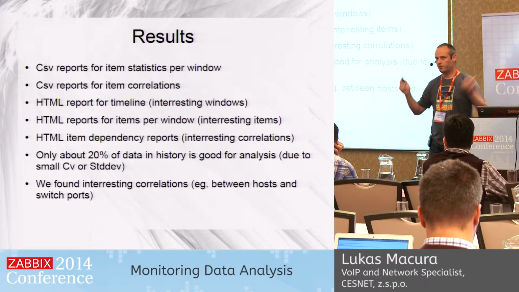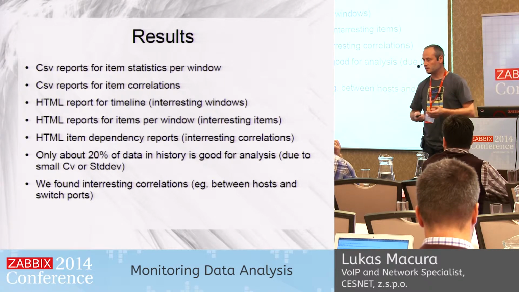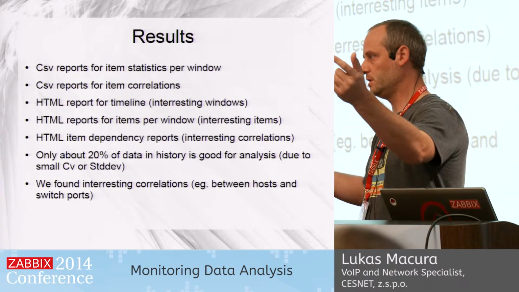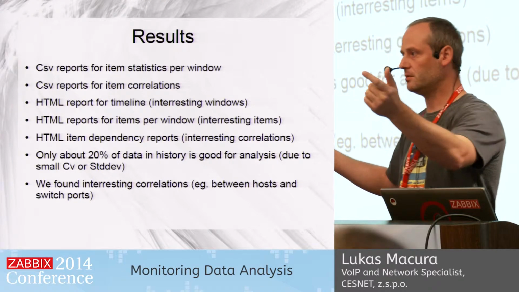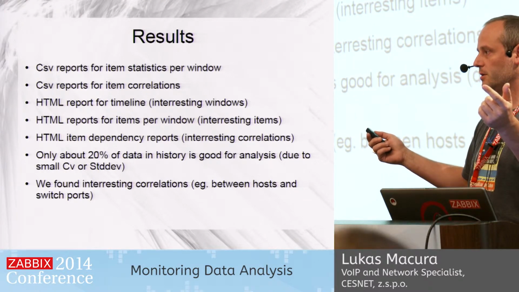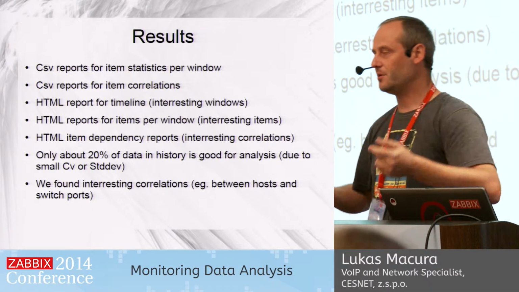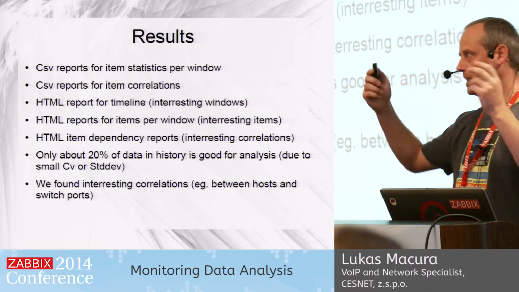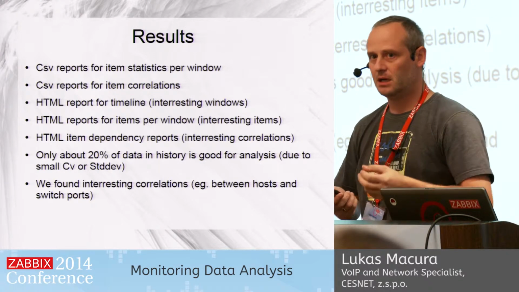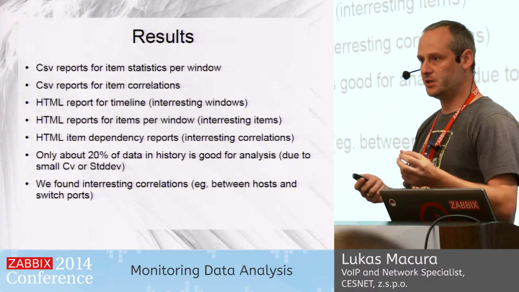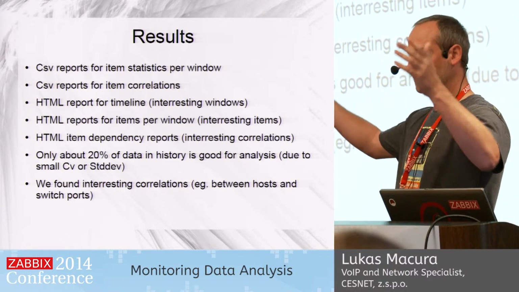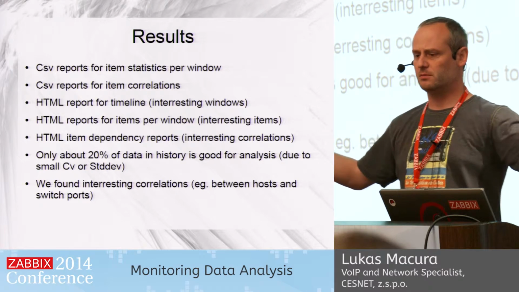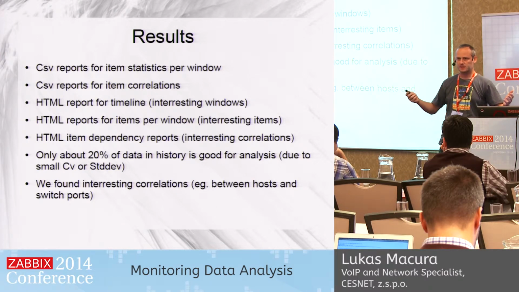So you will run Monda, and you will see, wow, these two ports on these two switches have the same correlation. What happens there? We were researching because we run Monda on some switches in other buildings, and we found really good correlations between some ports. One was in one building, another in another building, and we said, what the hell, what is this?